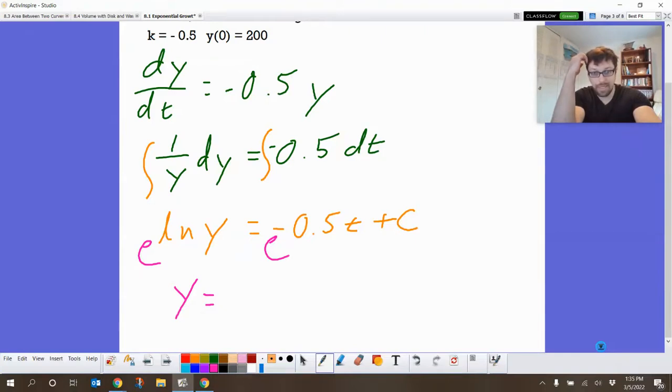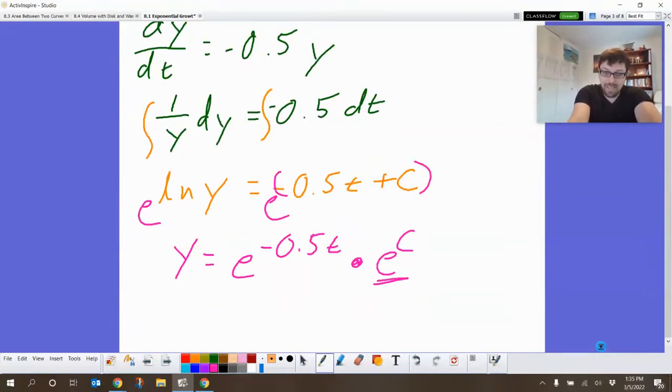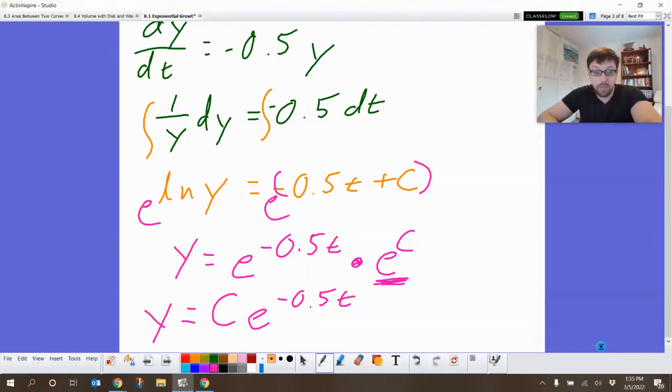On the other side, since those two terms are added in the exponent, that means it is e to the negative 0.5 t multiplied by an e to the C. And e to the C is still just a constant, so we can replace it with C, and we're left with C e to the negative 0.5 t equals y.